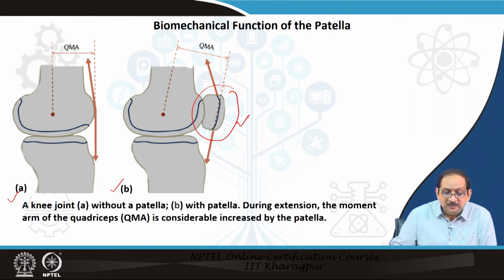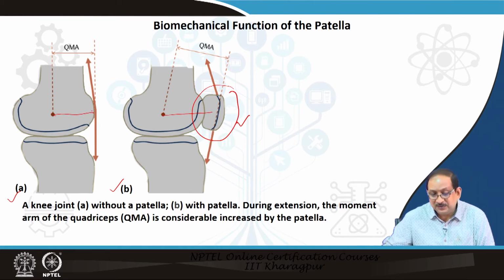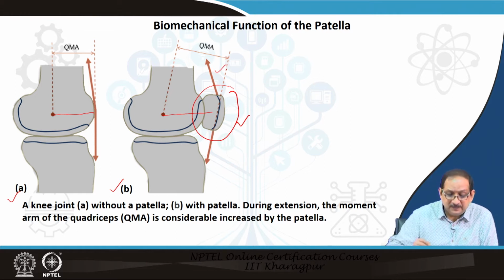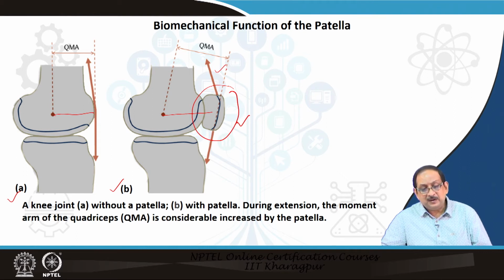Now, you can observe that there is a difference in this distance. So, during extension, the moment arm of the quadricep tendon is considerably increased due to the presence of the patella.